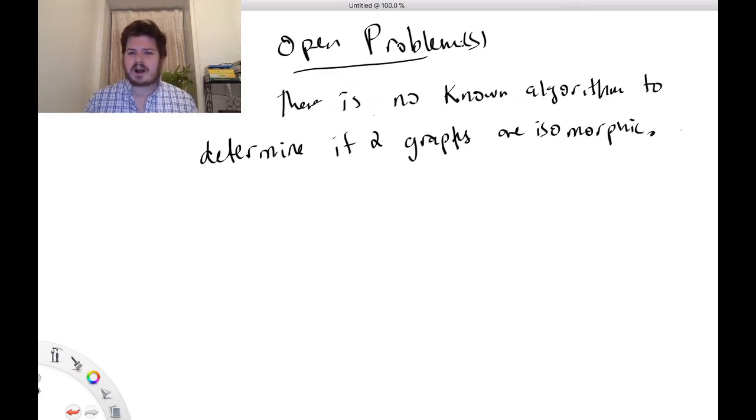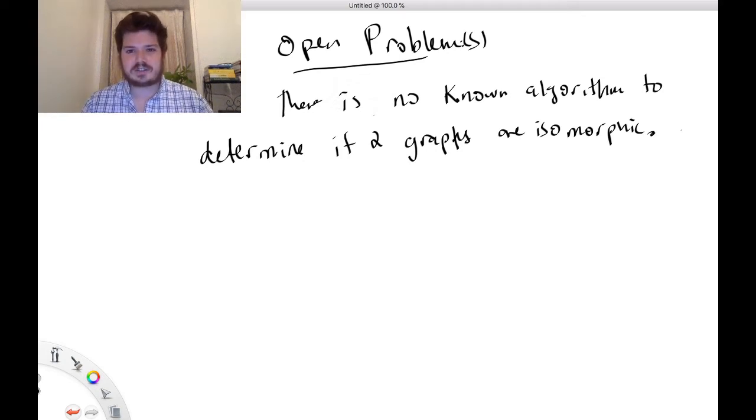So that's kind of the problem with this question, is that there are a lot of ways you can determine if two graphs are not isomorphic, right? But that does not exhaust all the possibilities to make a graph isomorphic. That's a much stronger statement to determine if something is true.